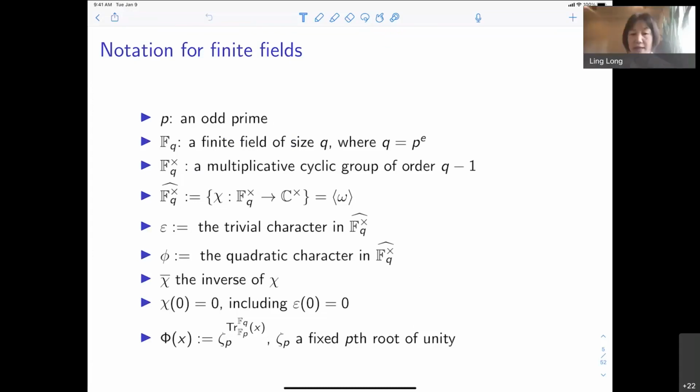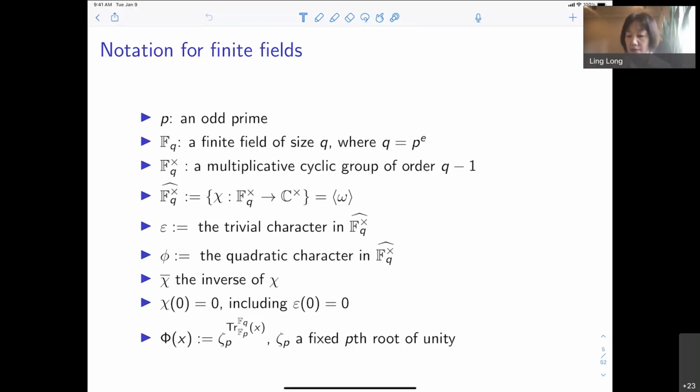So then we can talk about homomorphisms from the invertible elements to fields like C or C_p later. They form a multiplicative group structure. Omega here will be a generator, and for convenience, epsilon will be the trivial character.